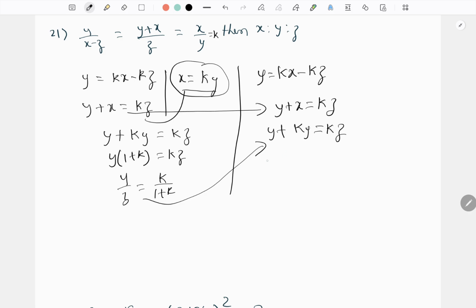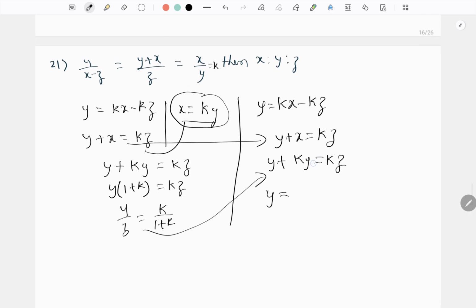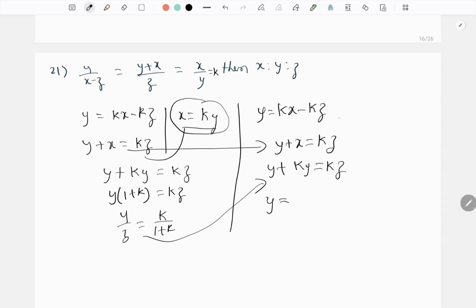So y is equal to ... In this equation I am going to substitute the kz value. See, y is equal to k into (x value ky minus kz value). What is the kz value? Y plus x.